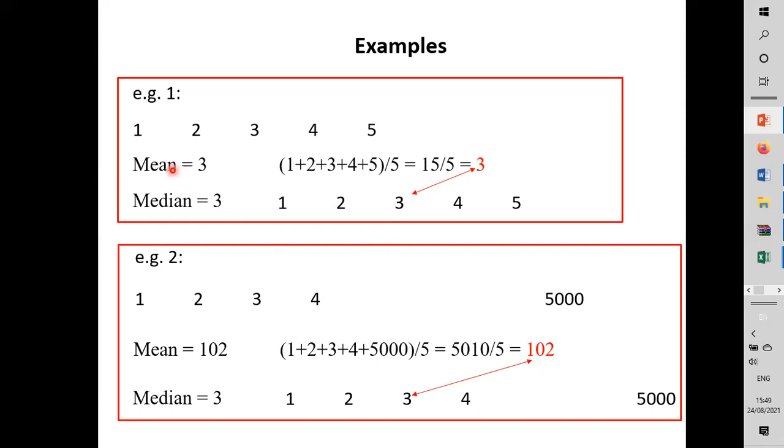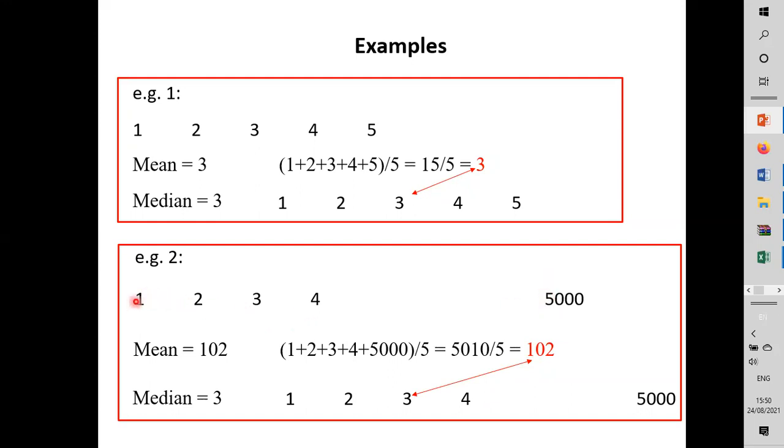Now, the same 1, 2, 3, 4, but the 5 became 5,000. Now what's the mean? Add all the values, 5,010, divide by 5, that's 1,002. Theoretically somewhere here. What's the median? Where's the center? 3.